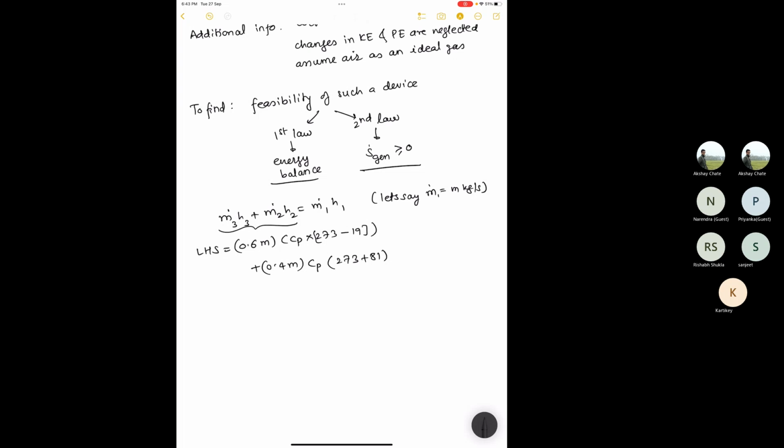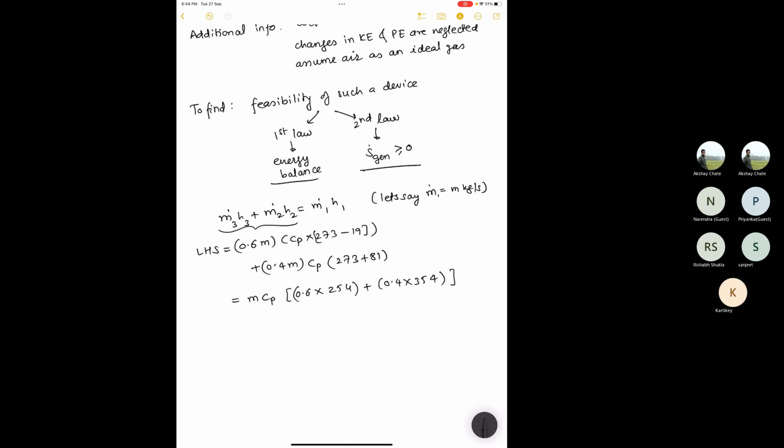So this becomes m Cp into some value: 0.6 into (273 minus 19), that is 254, plus 0.4 into 453.